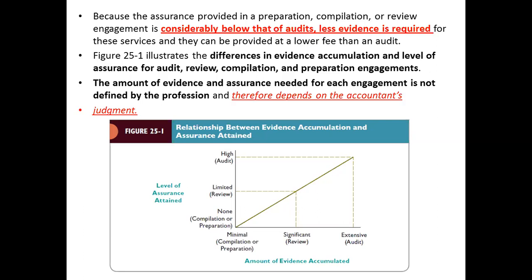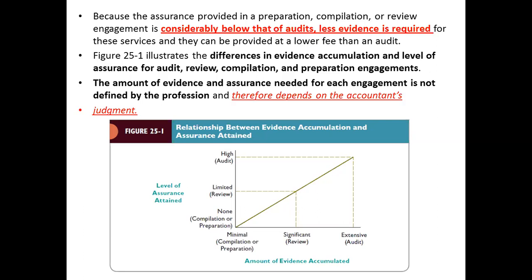According to the audit, the evidence must be extensive. The extensive evidence must be evaluated and accumulated according to the audit of financial statements.